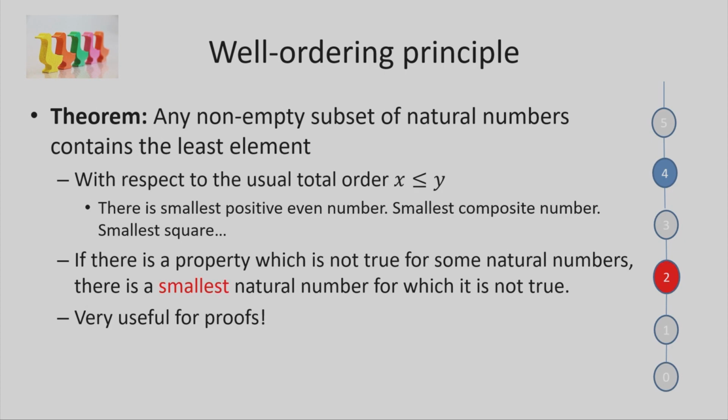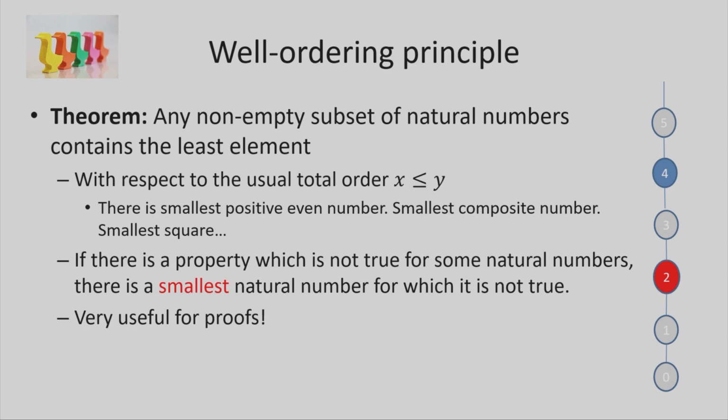Or alternatively, you could say I'm starting with 0, but maybe let me rename my 0 to 1, my 1 to 2, and so on, and say that the well-ordering principle holds. And the more important thing is that the order that we are talking about here is our usual x less than or equal to y.